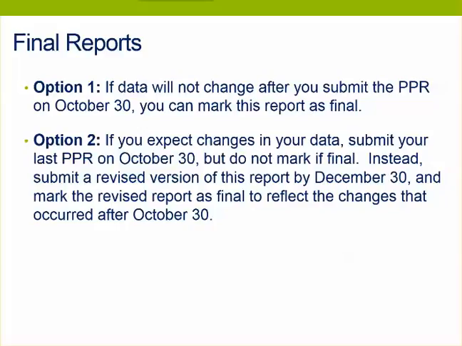So you submit your last PPR on October 30th, and then you submit your revision to your PPR as your final report by December 30th, and you will mark that as final. And in that revised version, you will only be required to modify the original report to reflect the changes that occurred after October 30th.